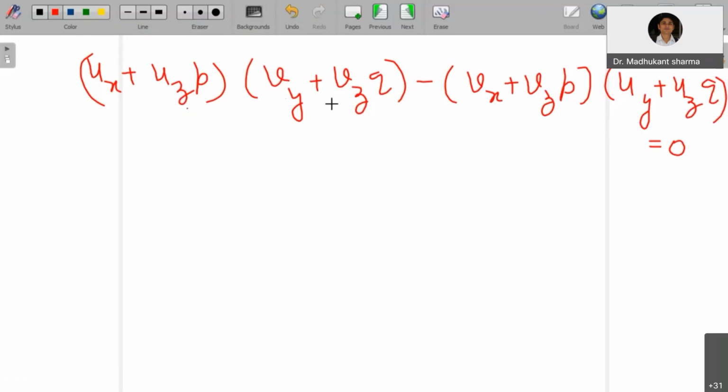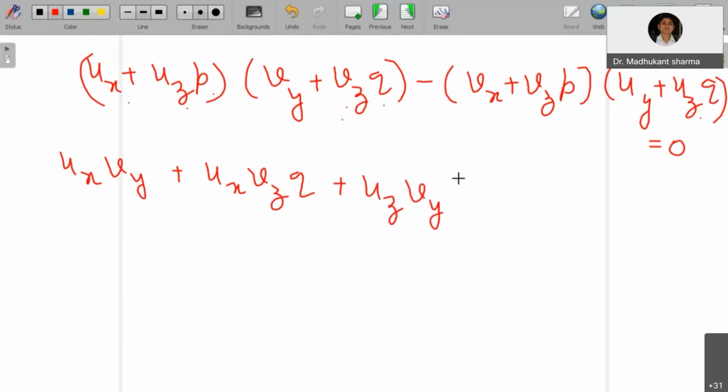So you have uz vz pq with minus uz vz pq, which will get cancelled. So what you will have is ux vy plus ux vz q, plus uz vy p plus uz vz p into q. What about the second term?